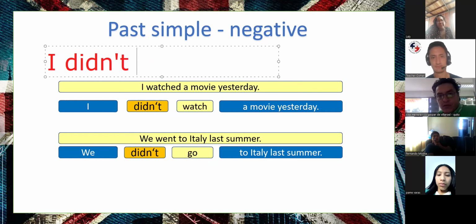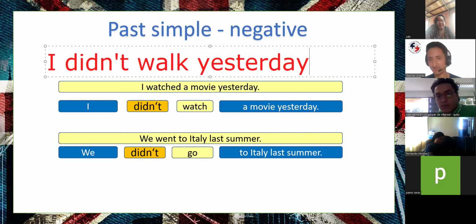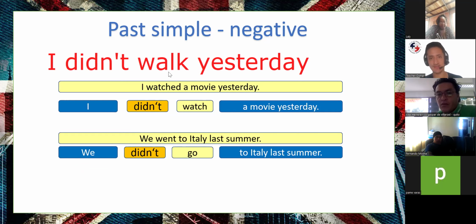A ver, caminar, porque suelo caminar todos los días después del trabajo y ayer no caminé. Okay, so I didn't walk yesterday. Got it? I didn't walk yesterday. Yo no caminé ayer. I didn't walk yesterday. Right?